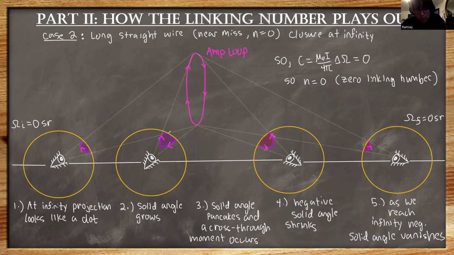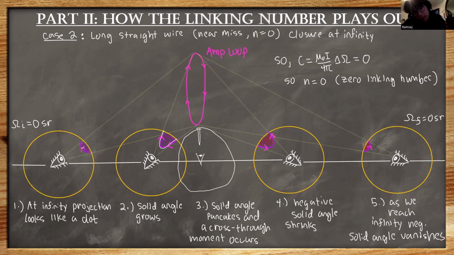Then something weird happens, which is the solid angle patch stops growing and it starts getting pancaked. If I drew an eyeball in this intermediate step, it would be super thin, like almost flat. And notice that this is signed solid angle.